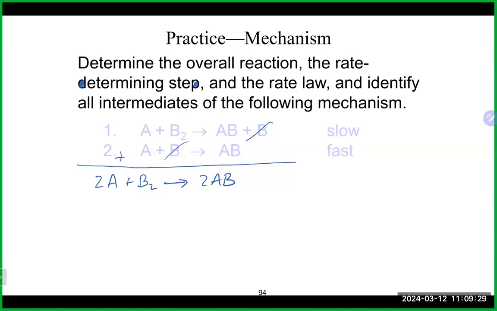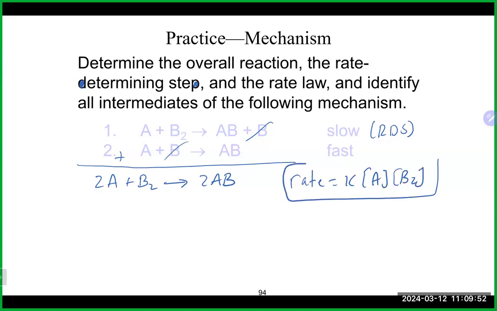We know the rate determining step is which step? It is step one. That means although nothing was given to us in terms of the rate law, it should be the same as the one we have for step number one. So if we write the rate law for step number one, it would be K times A times B2.